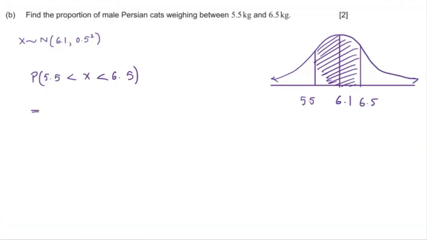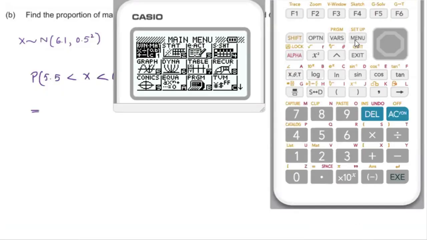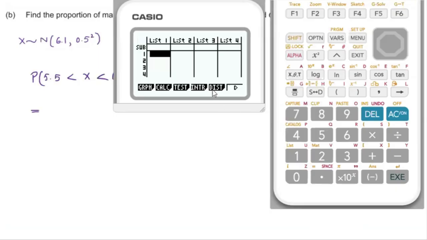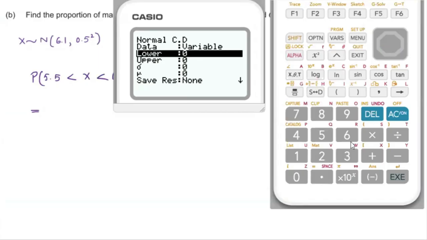So now we use the GDC to calculate our probability. So go to distribution, stats, normal distribution, and go for CD. This time, the lower is 5.5. The upper limit is 6.5. Is it a 6.5?